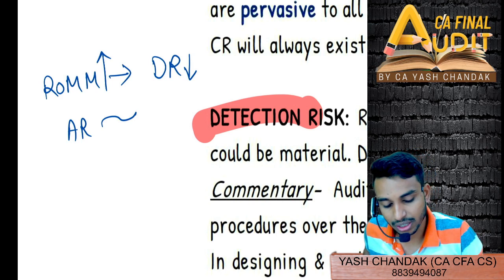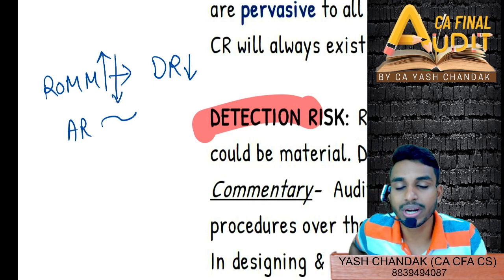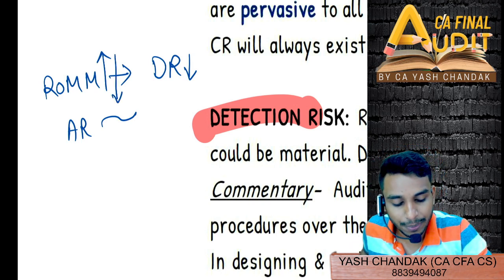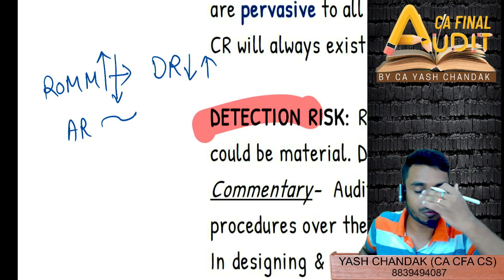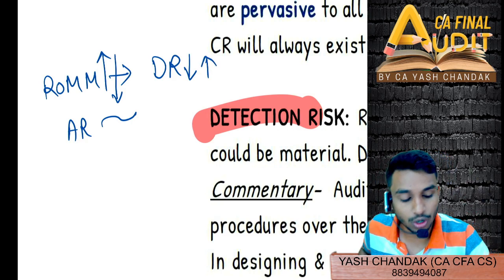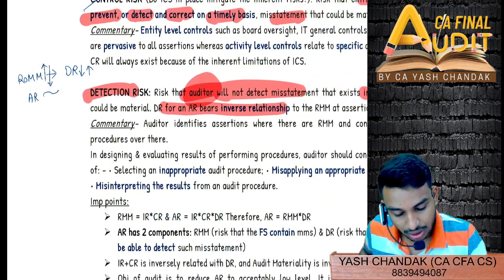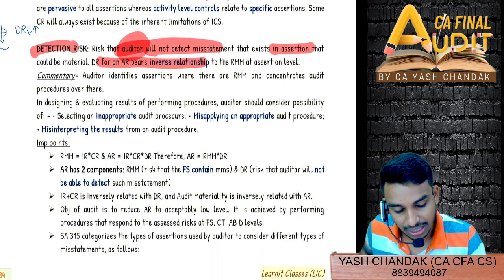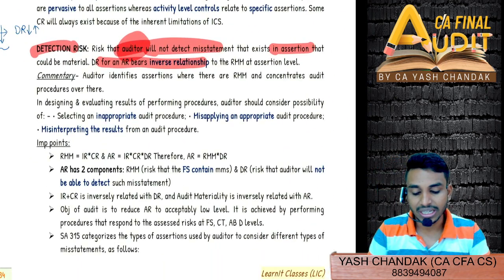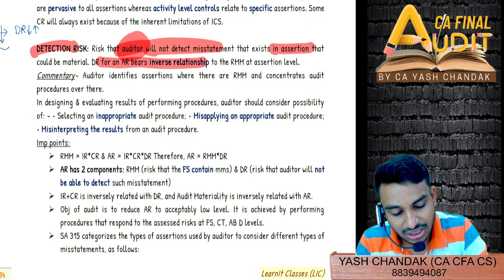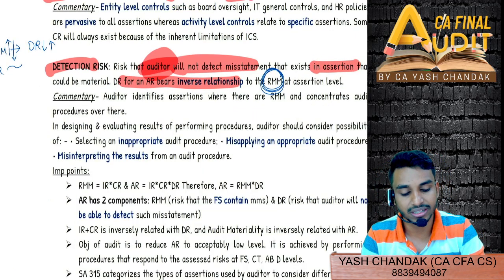Similarly, if the ROMM is already less, then you can assume a bit higher detection risk by performing less further audit procedure, and thereby overall audit risk is at an acceptable level. So detection risk for an audit risk bears an inverse relationship to the risk of material misstatement at the assertion level.